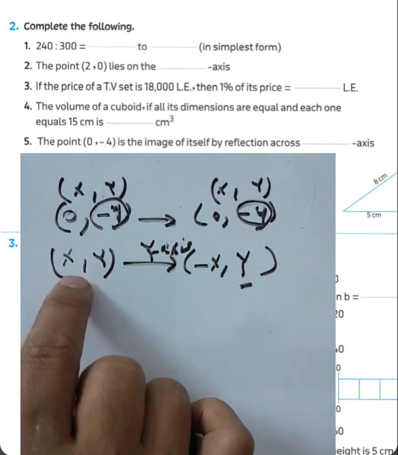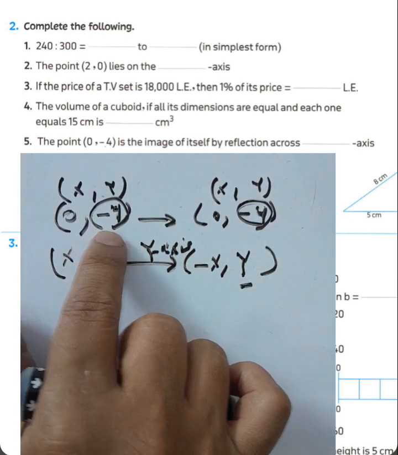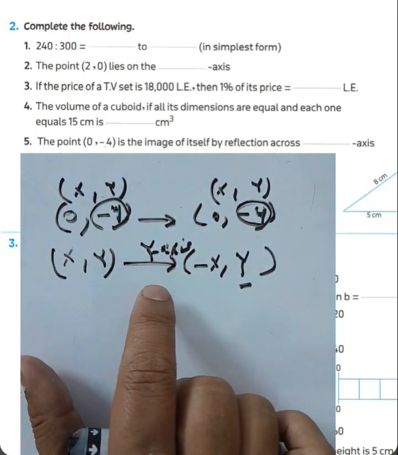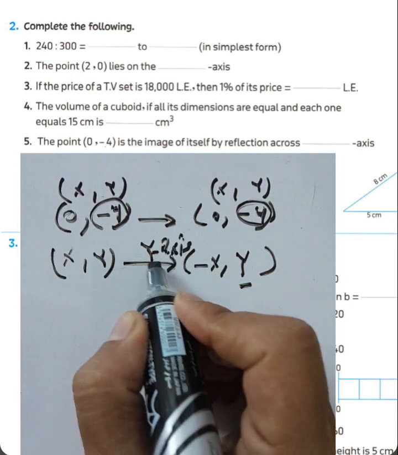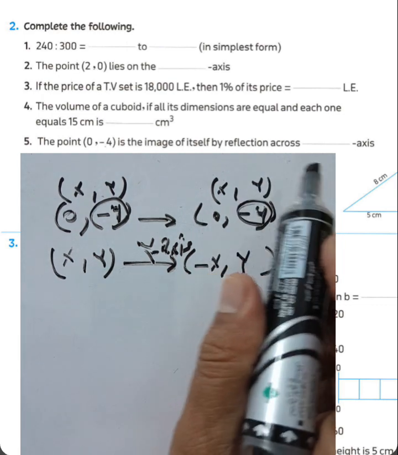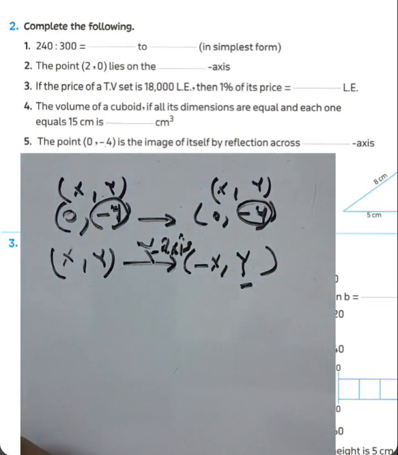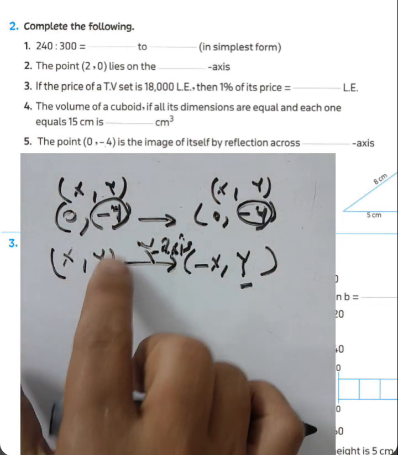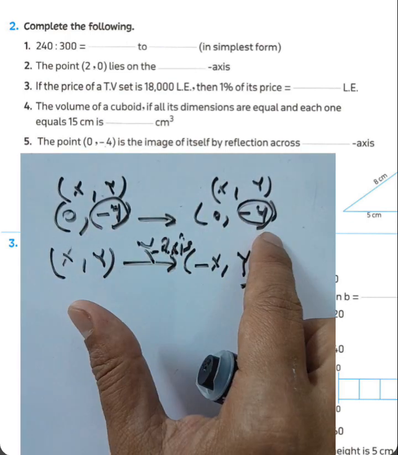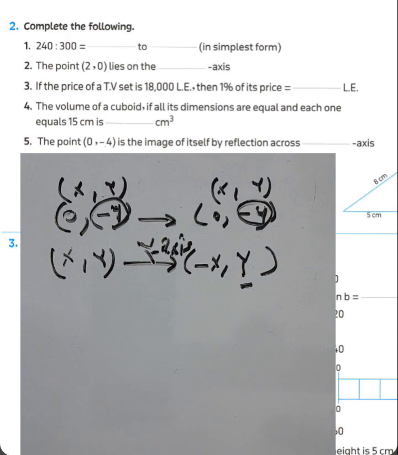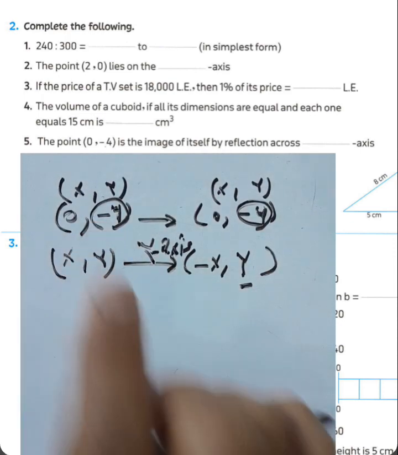Okay, then this point 0, negative 4, the image will be itself if we find the reflection in the y-axis. In the y-axis, you must write here y. Understood? Because y was negative 4 here. Okay, the result 0, negative 4.